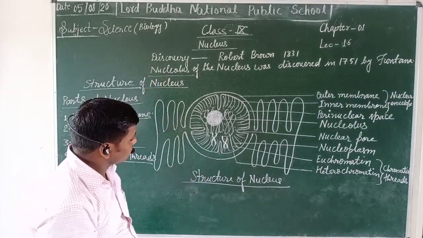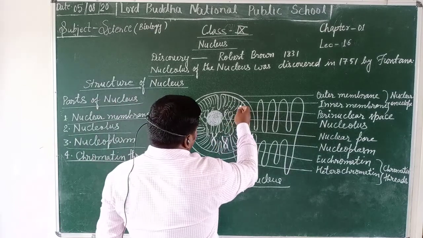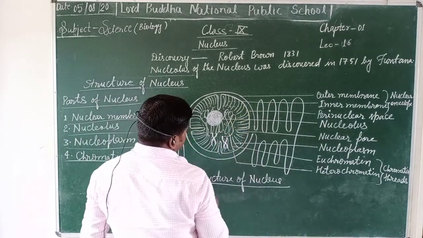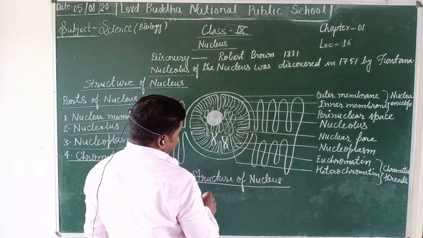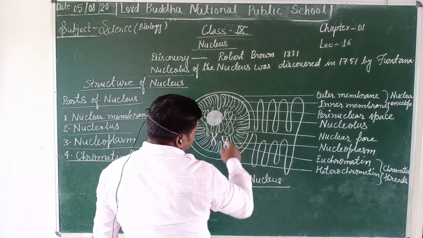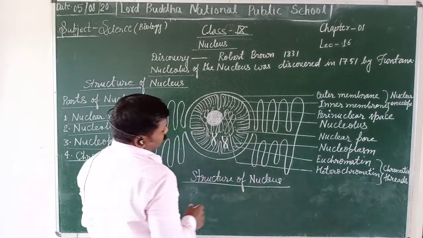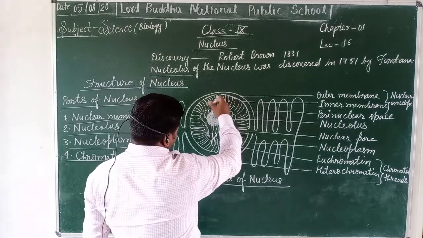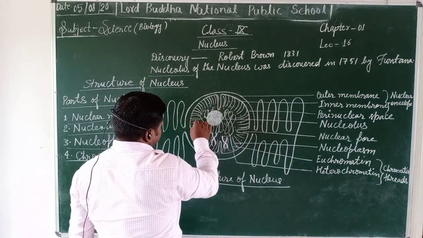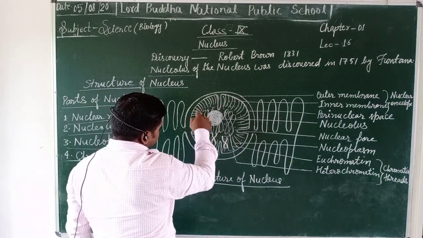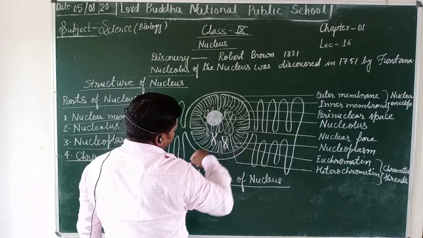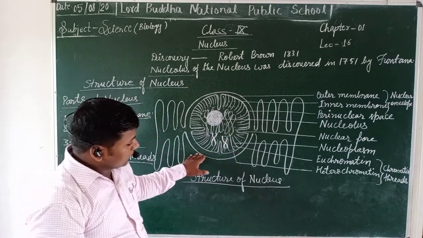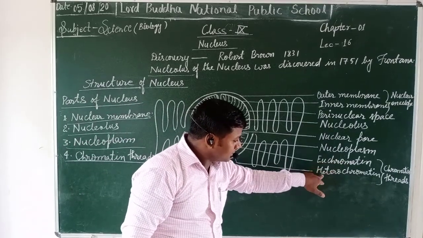Now these are the brush border-like structures. These are of two types. The intermingled or branched fibrous structures that you can easily see around the inner membrane are euchromatin threads.